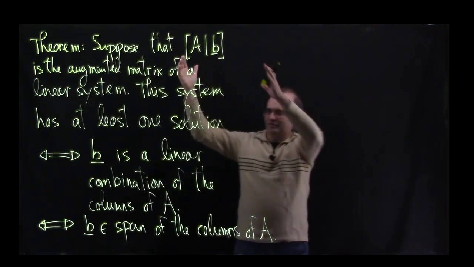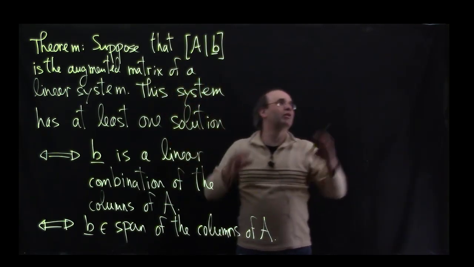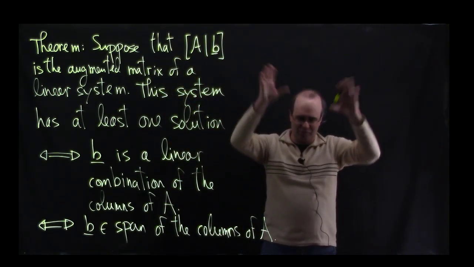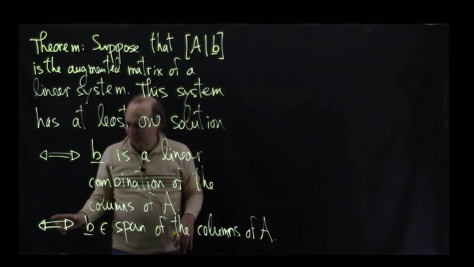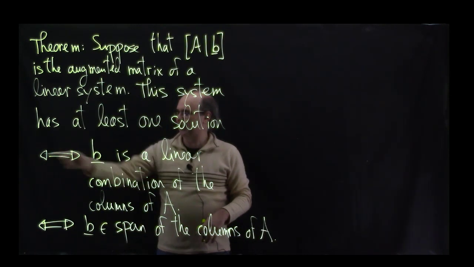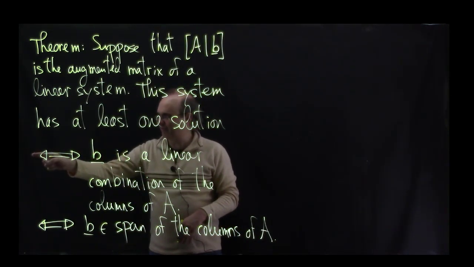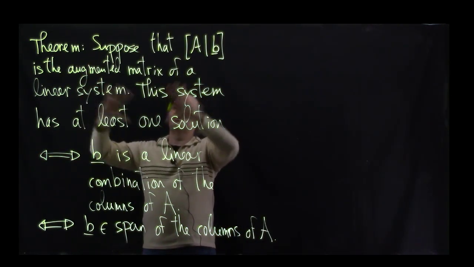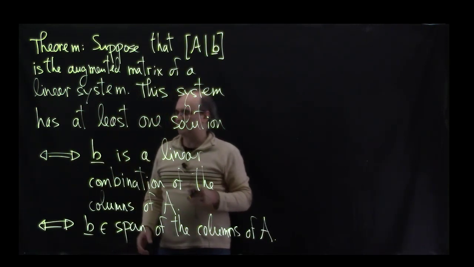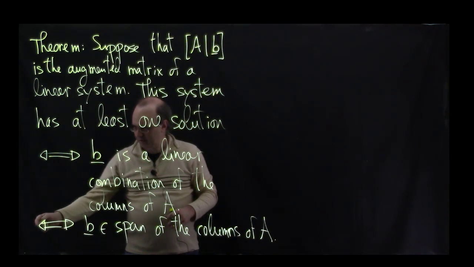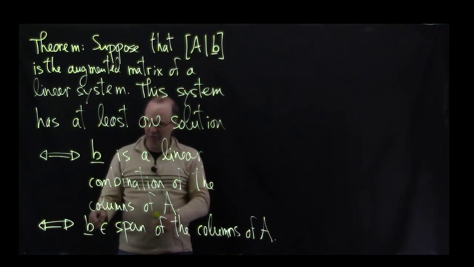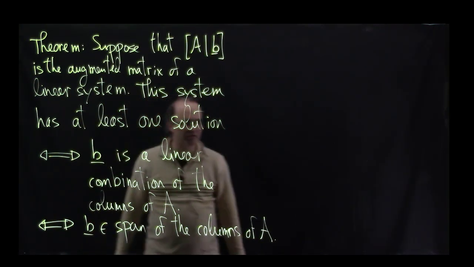I wanted to split the screen in this way, because I'll write the system here, and then I'll rewrite it in a different way underneath. So when I say go from right to left, I mean what should be to the left is what's just above it. And same thing here, if the system has at least one solution, then you can go from left to right and conclude that B must be in the span of the columns of A.